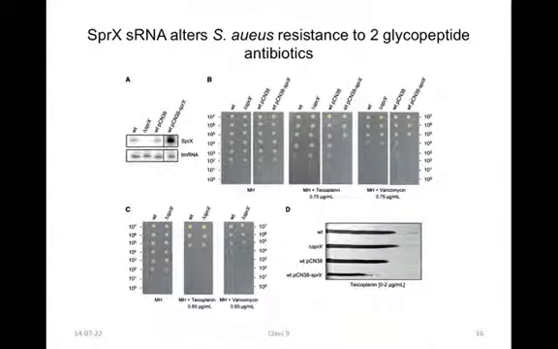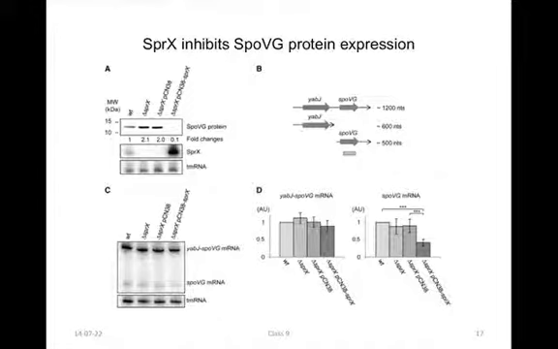Oh, you had a question? No. Oh, okay. So in the next slide, they show you that SPOVG is in a bicistronic operon. It has another gene in front of it, and it requires that gene to be expressed.